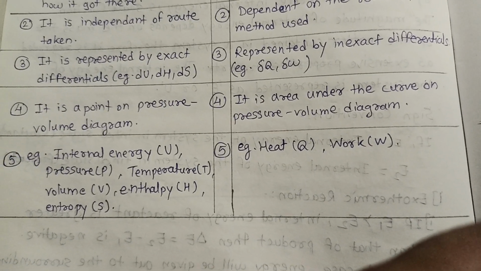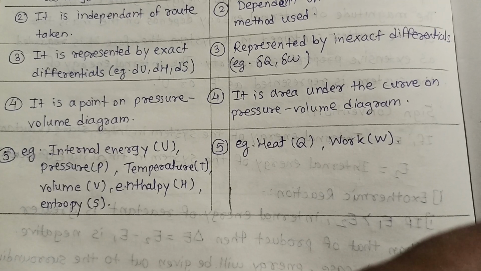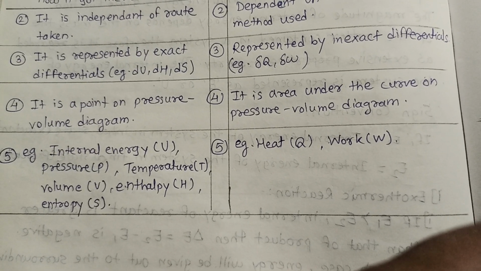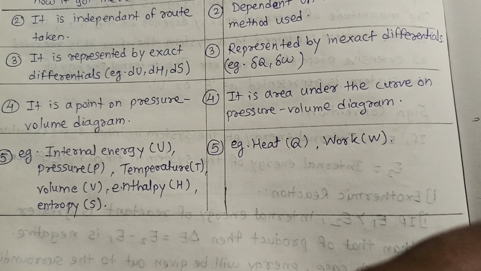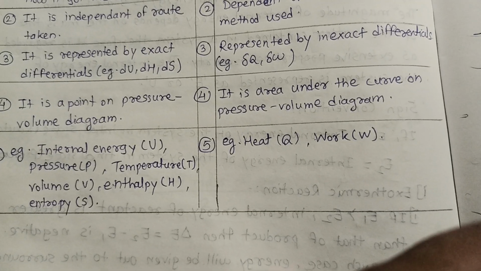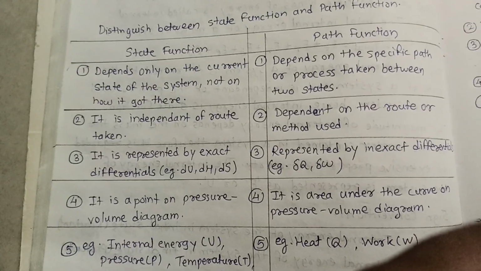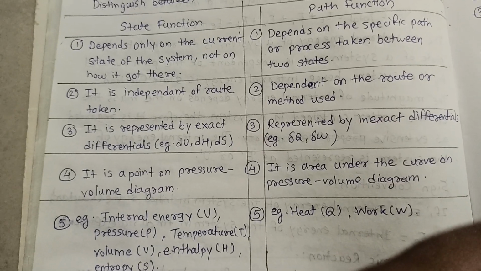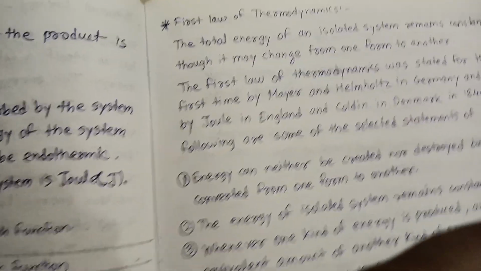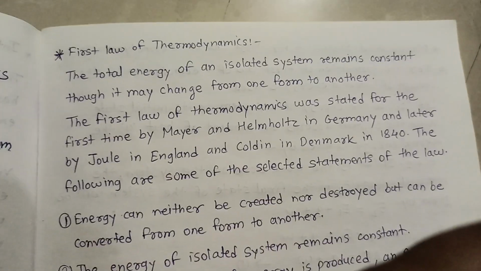Examples of state function and path function. State functions are internal energy, pressure, temperature, volume, enthalpy, and entropy. Path functions are heat and work done. So that's the difference between state and path function. 5 points each.